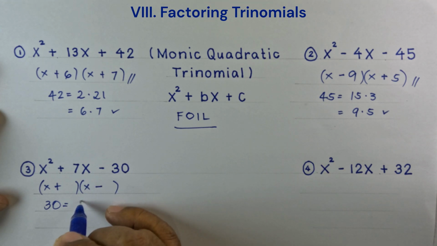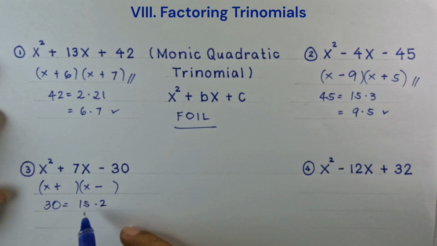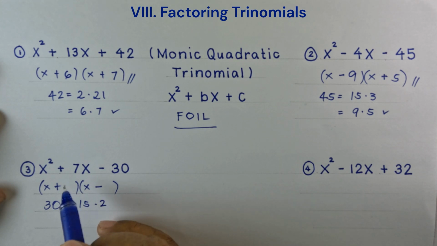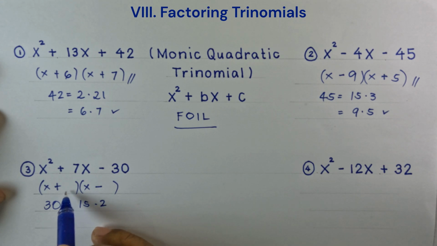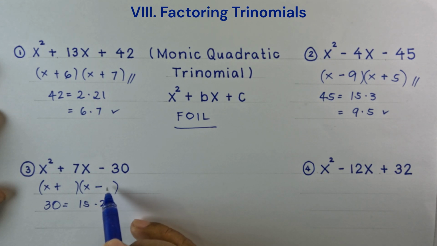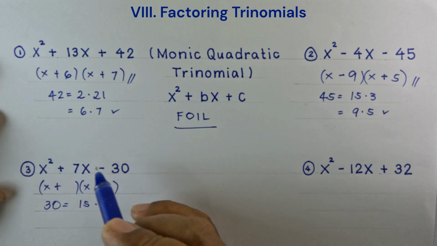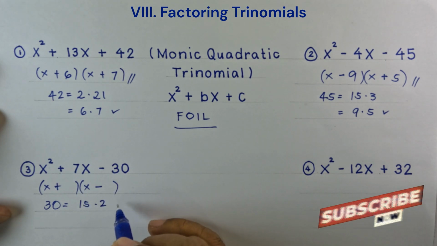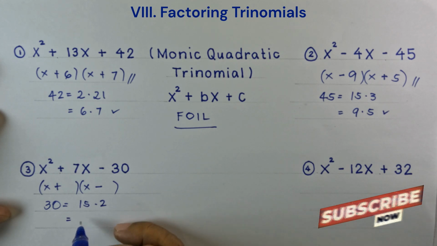Now let's try 15 times 2. If I place 15 here and the 2 there, that would be 15 minus 2. That's equal to 13. But we're looking for positive 7. So this is not the right pair. How about 10 times 3?